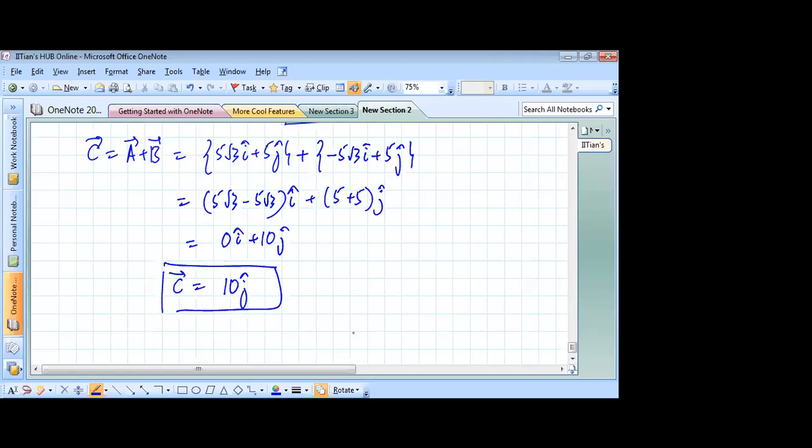So you can see that with respect to our xy axis, the vector c will look like what? It's a vector perpendicular to your x-axis. It's lying along the y-axis. Here the vector c is along your y-axis.